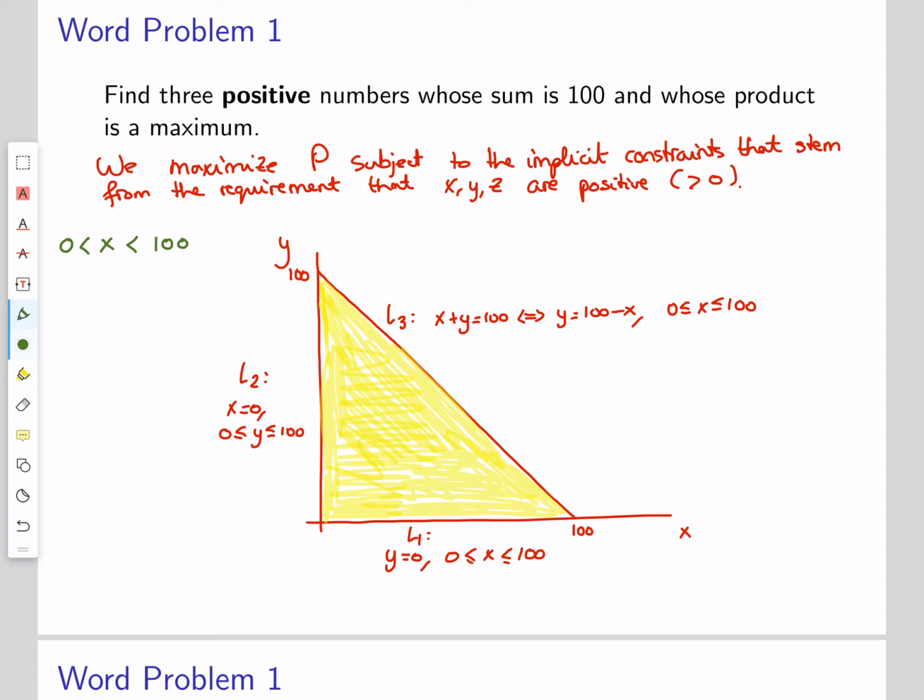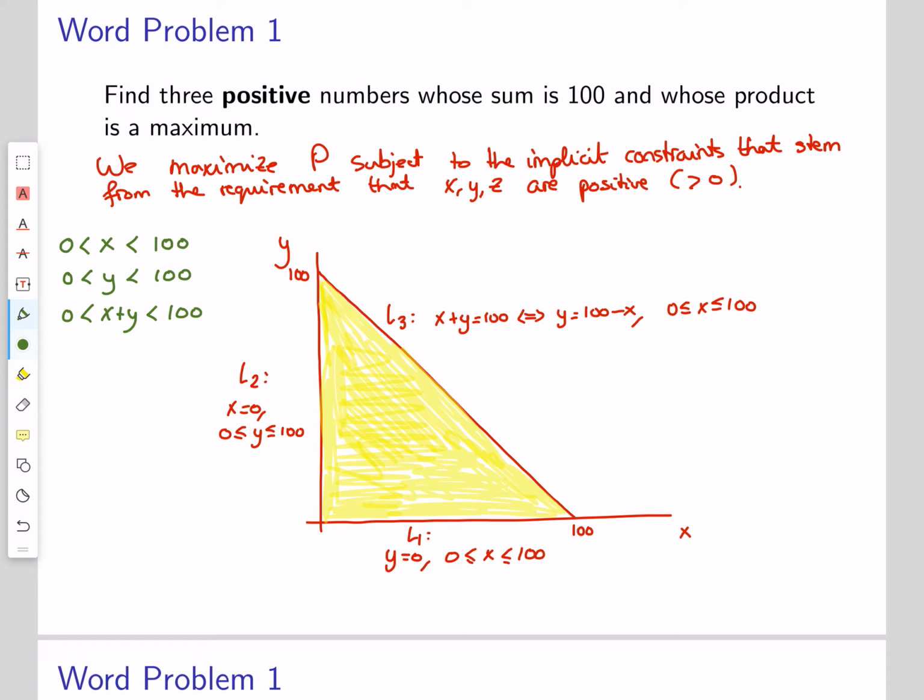So x has to stay between 0 and 100. Similarly, y has to stay between 0 and 100. And moreover, the sum of x and y has to lie between 0 and 100, because otherwise z is a negative number, or possibly 0.